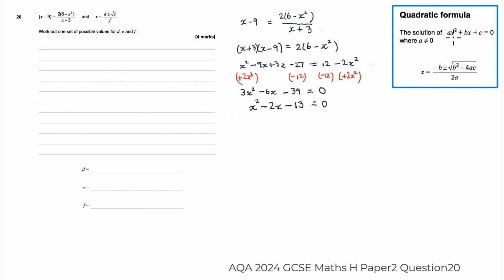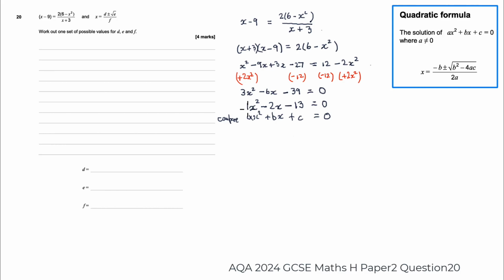And you're told that the solution of ax squared plus bx plus c equals 0 is this expression. So let's compare what we've got with ax squared plus bx plus c equals 0.